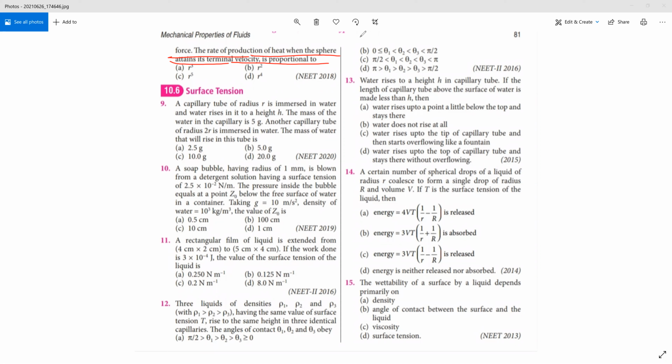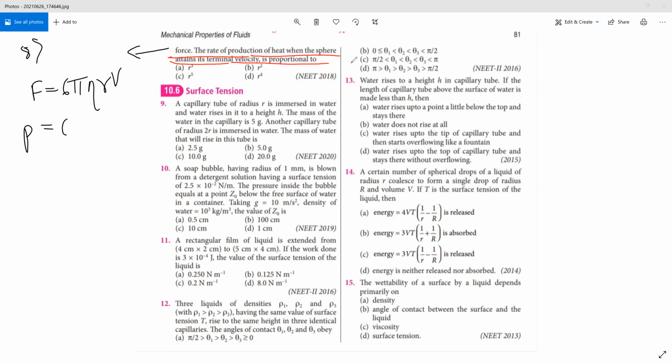So for the 8th one, the viscous drag force F is equal to 6 pi eta r into v, where v is the terminal velocity. The rate of production of heat is equal to power, force into terminal velocity.